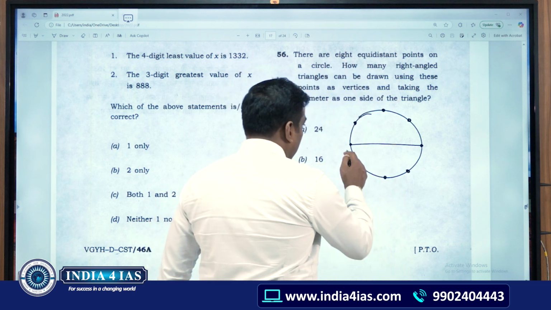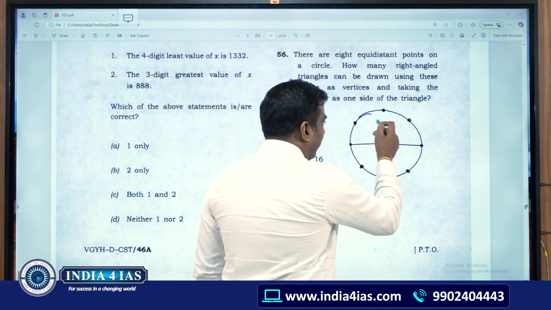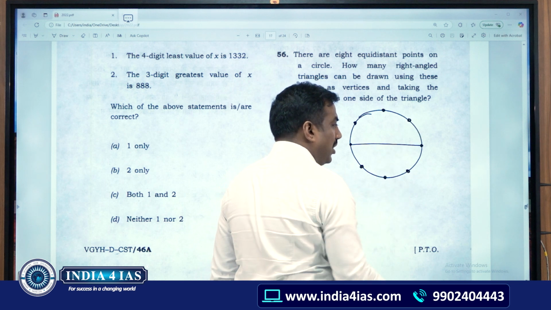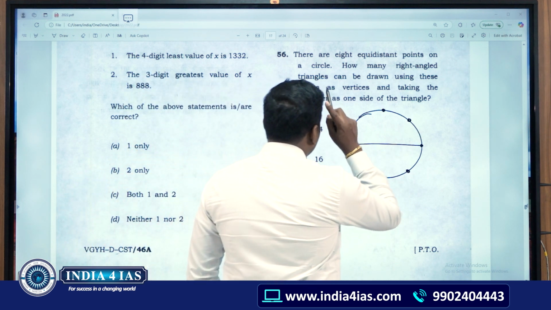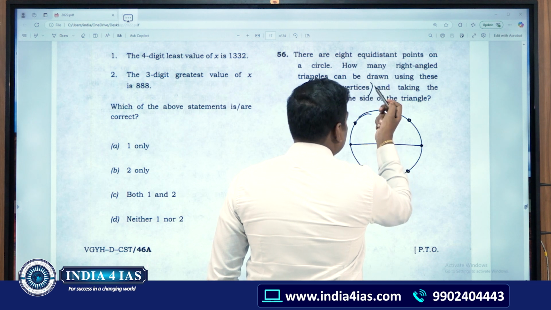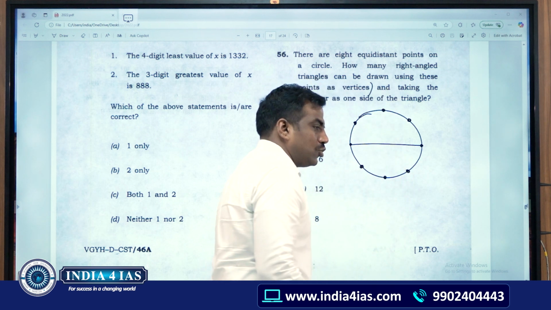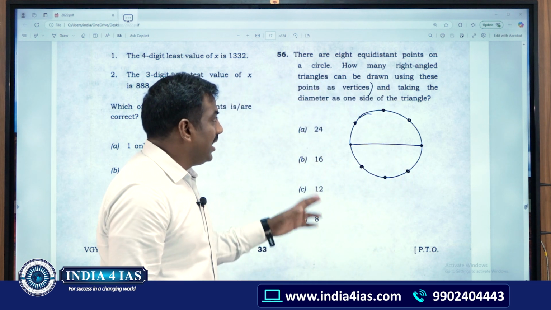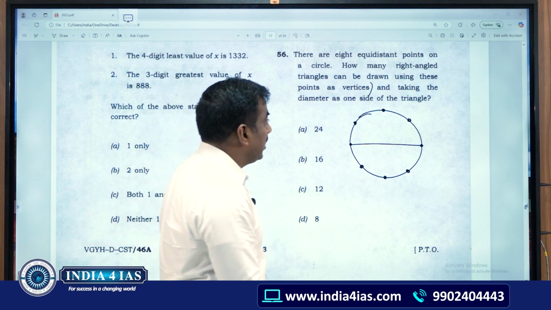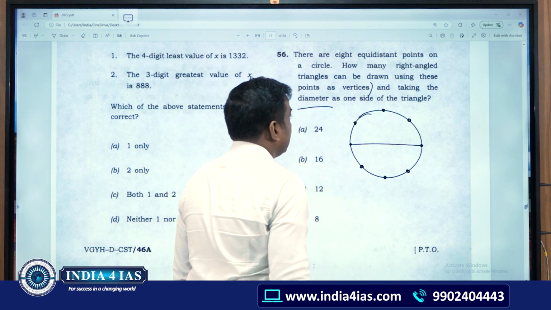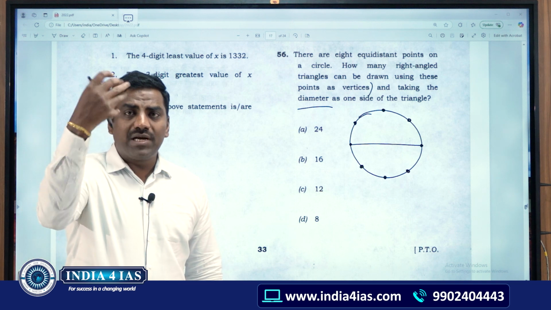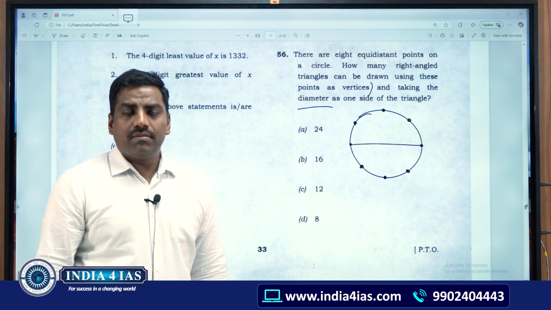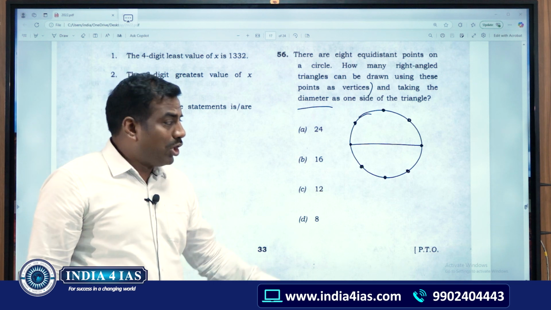Whichever point on the circle you pick, you will get a right angle triangle for sure. They have just given points as vertices, so it is understood that the right angle triangle is made using the diameter.